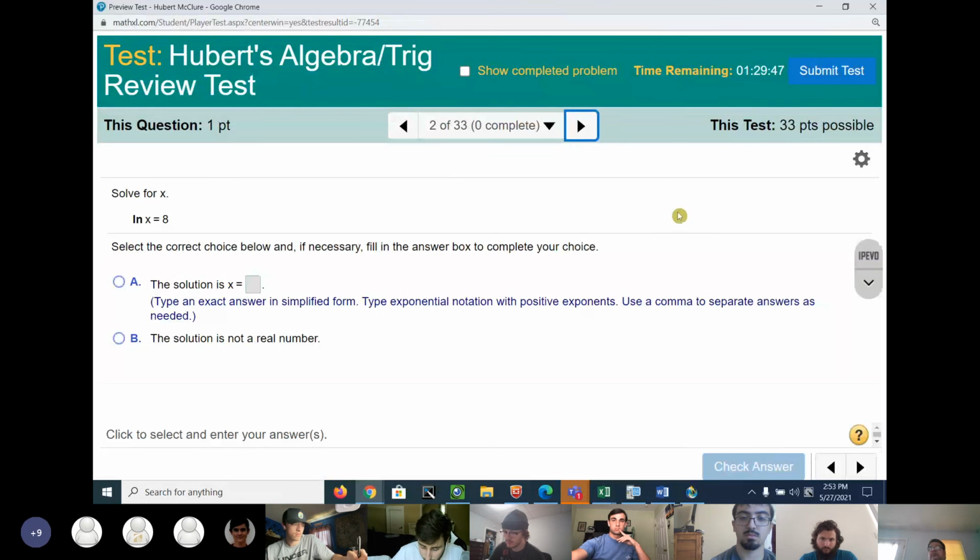Solve for x. I would use the definition of a logarithm. This is log base e of x is equal to 8. A to the y is equal to x, so that would be e to the 8 is equal to x.